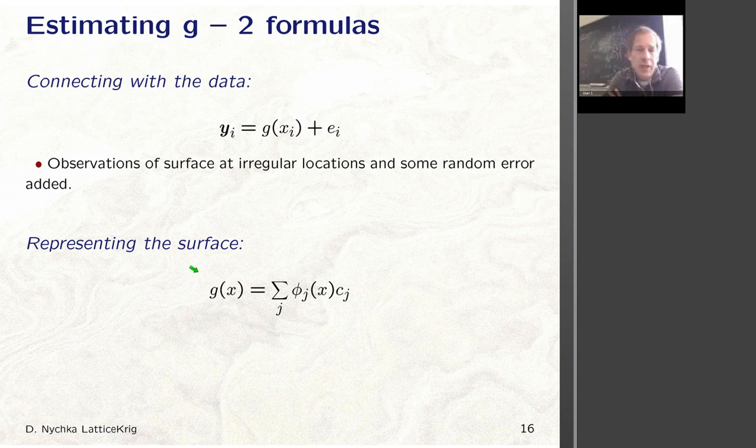Here's the deal. We're representing G as a sum of basis functions, and I've told you a lot about these basis functions. When you hear basis functions, what you want to think about is lots of bumps arranged on lattices of different resolutions. They're all fixed. We prescribe what they are.